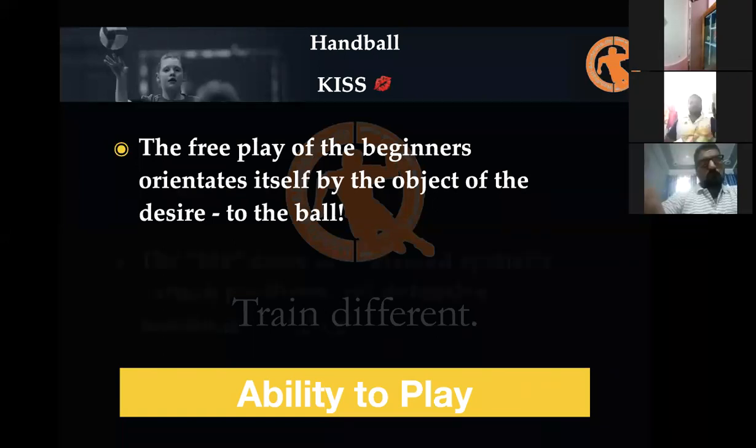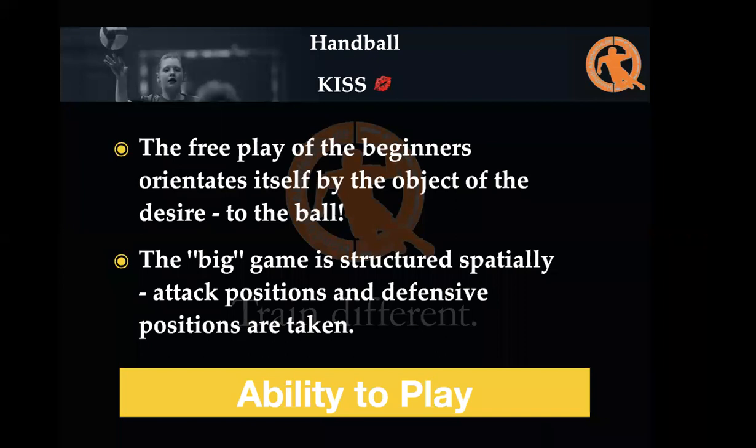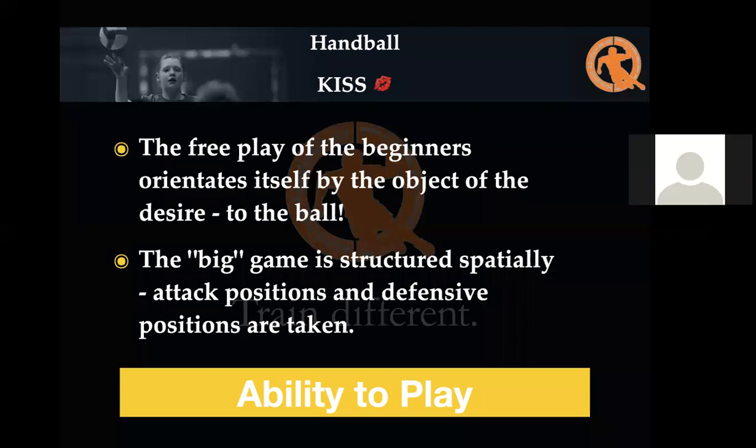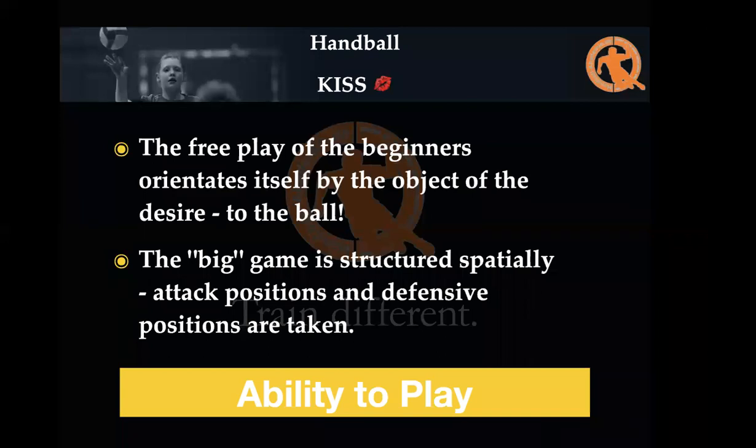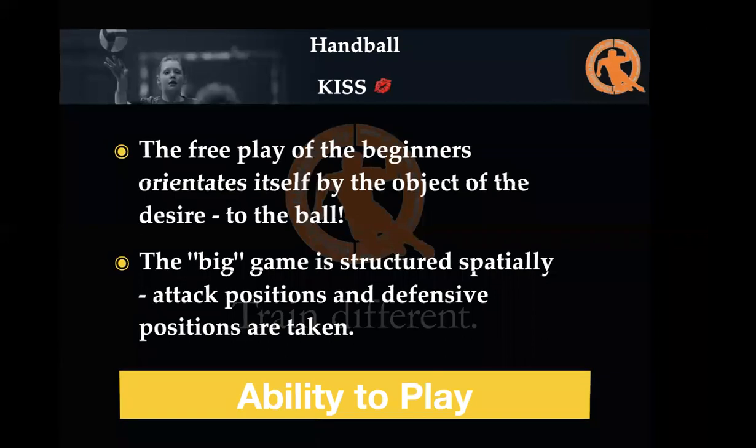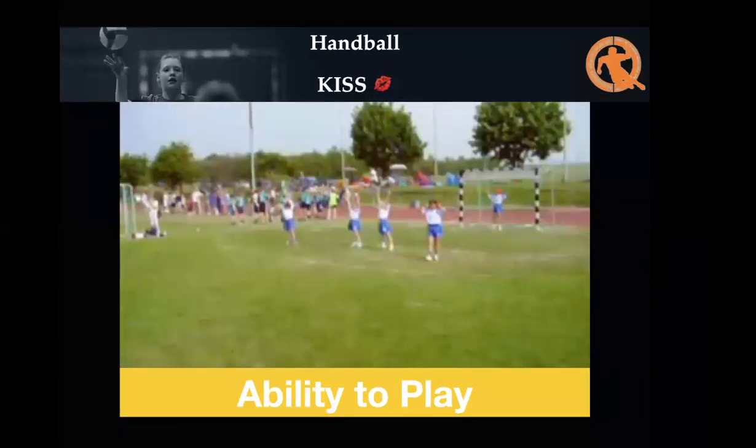This is a ball-orientated game structure, and this is the opposite of the space-orientated game structure we have in our big game or in the adult game, when attackers and defenders take positions, and so the court is used in a nice way. And maybe you remember this one video I showed you, so that the contradiction between those two types of game, ball-orientated and space-orientated, is really obvious to see for everybody.